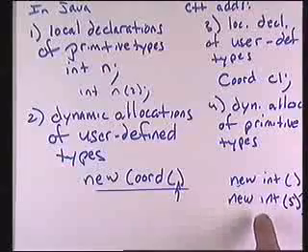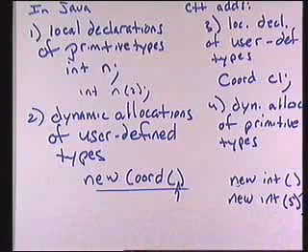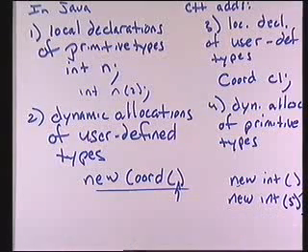And in C++, you can also make dynamic integers that will remain in scope just like the chords would have. And so the summary would be that in Java, local declarations are tied to primitives and dynamics are tied to user-defined types, whereas in C++, whether an object is local or dynamic, and whether it's primitive or user-defined, those are completely separate issues. And therefore, we have 4 combinations rather than 2, and therefore 4 options rather than 2.